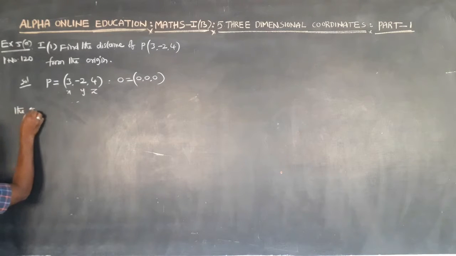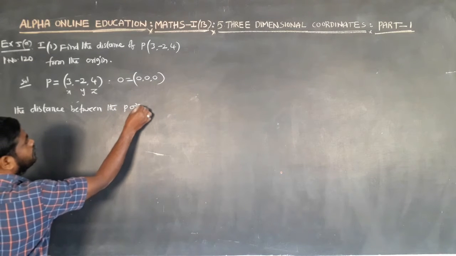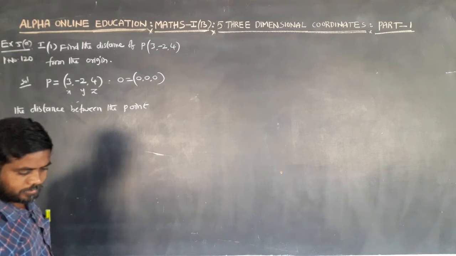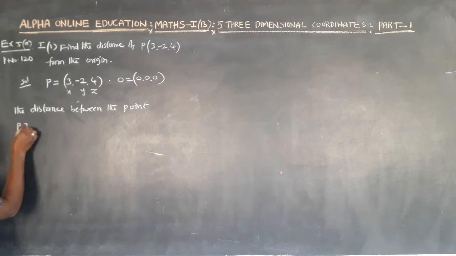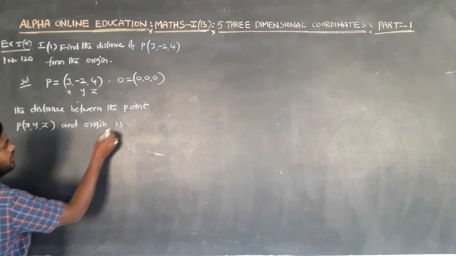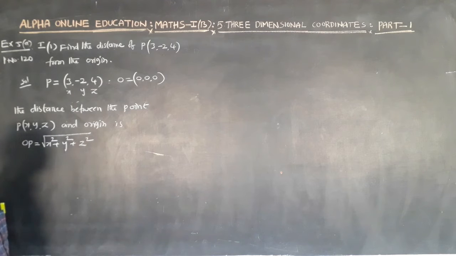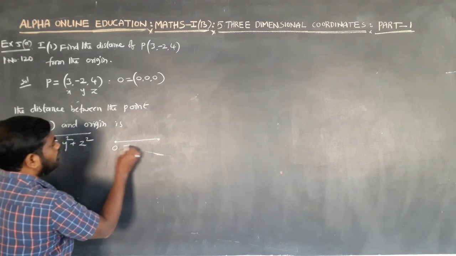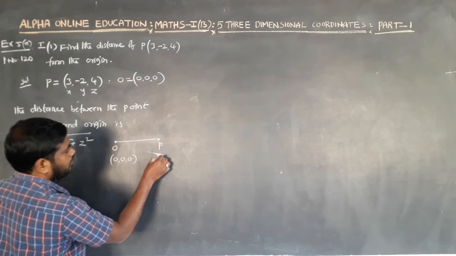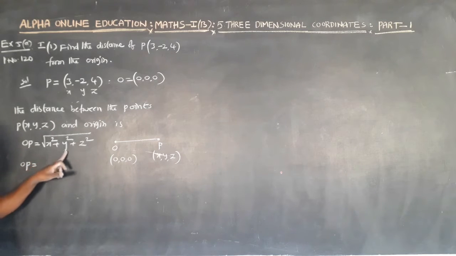By using the formula, the distance between the point P(x, y, z) and the origin is OP equal to under root of x square plus y square plus z square.